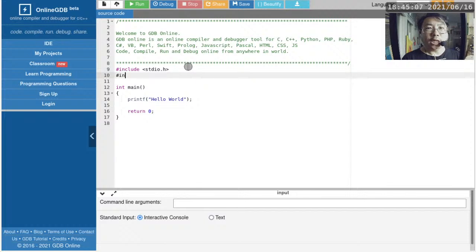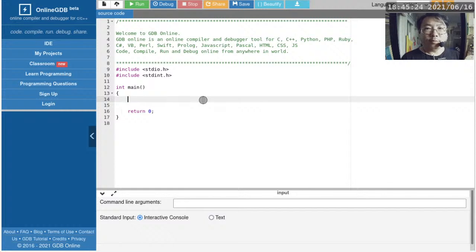So that's just a recommendation. All right, so the first thing I'm going to do is #include stdint.h, because this is the standard library for integers. It defines a whole bunch of typedefs. And I'm going to change the program, and we'll use uint64_t, which explicitly specifies an unsigned 64-bit integer.